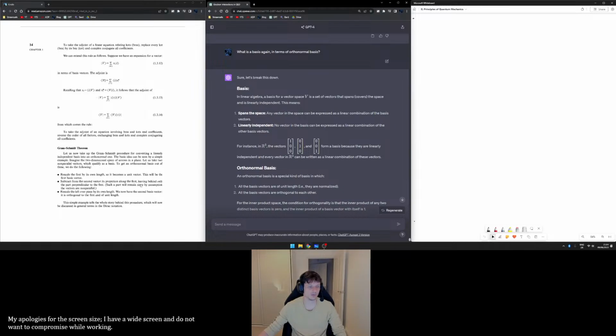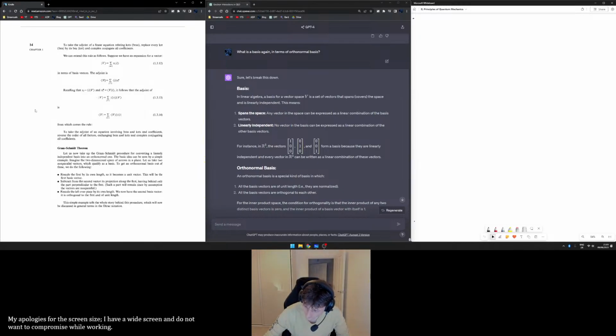Such a part will remain since by assumption the vectors are non-parallel. Rescale the leftover piece by its own length. We now have the second basis vector. It is orthogonal to the first and of unit length. This simple example tells the whole story behind this procedure, which will now be discussed in general terms in Dirac notation. So given that they haven't given me a graph, maybe we should just try this.